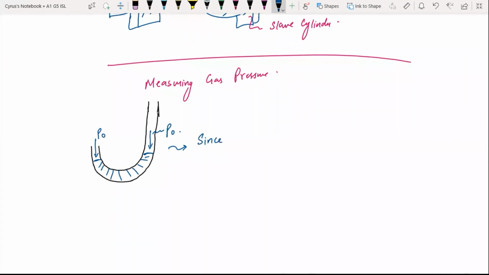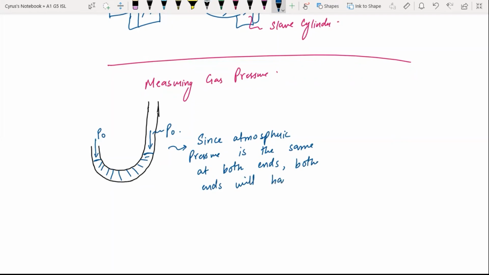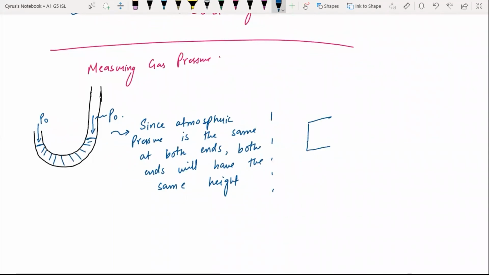Since atmospheric pressure is the same at both ends, both ends will have the same height, right? If I attach a gas with this, which has a pressure greater than atmospheric pressure, I'll call this gas A.